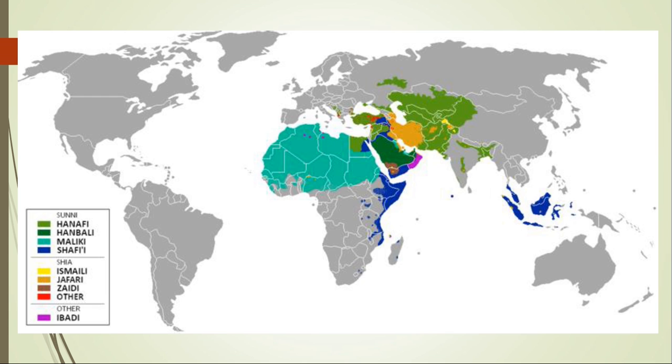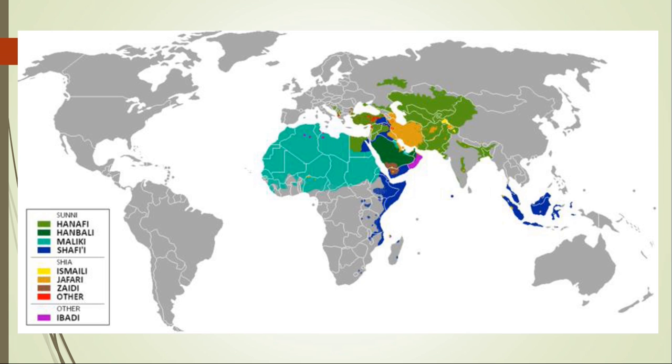So basically, what I want to highlight here is that the two major schools are a rift within the Islamic society, which are Sunni and Shia.